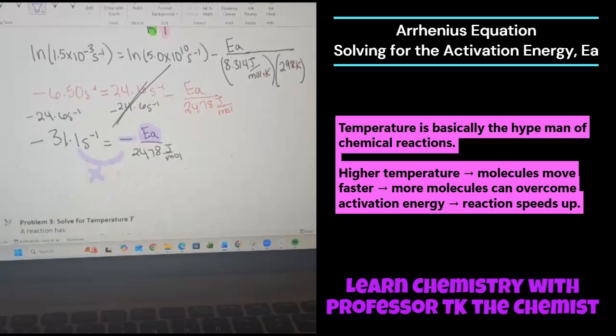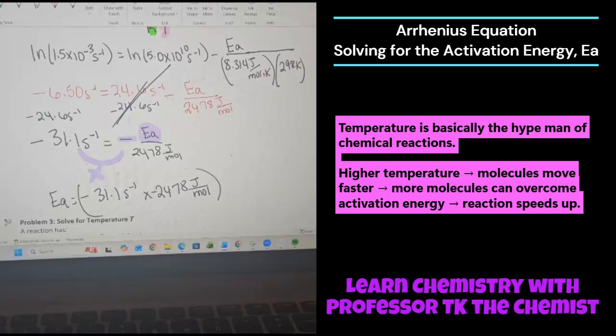All right, so to get your E of A, your activation energy, you're going to say negative 31.1 per second times 2478 joules per mole, okay? Which was also negative. And that gives you your answer, okay?